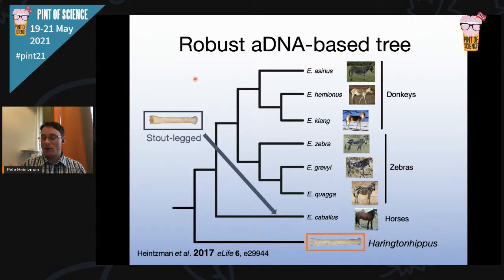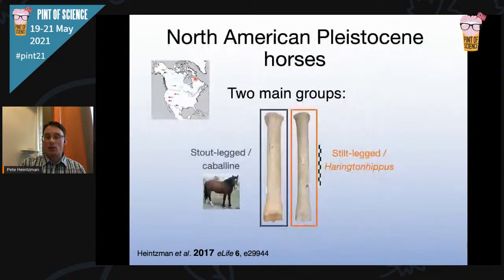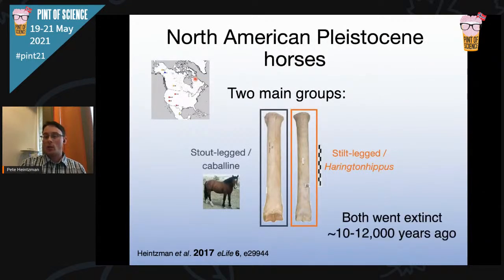Now, that's all very well, but what's very interesting is that Harringtonhippus, like the stout-legged horses of North America, went extinct around 10 to 12,000 years ago at the end of the Pleistocene.